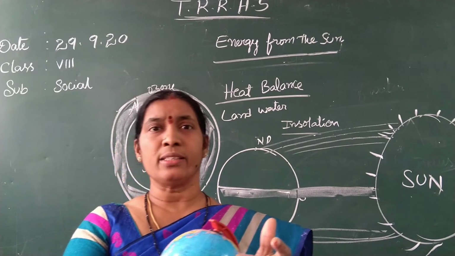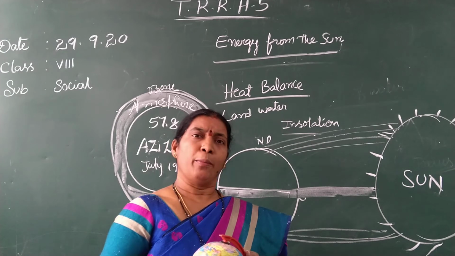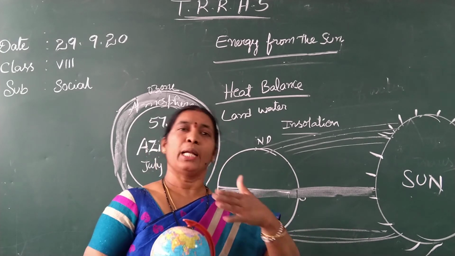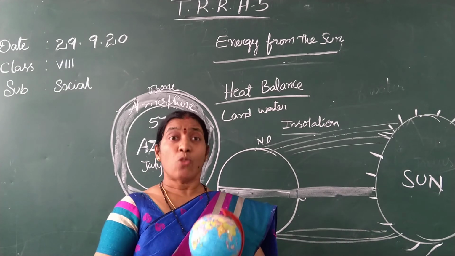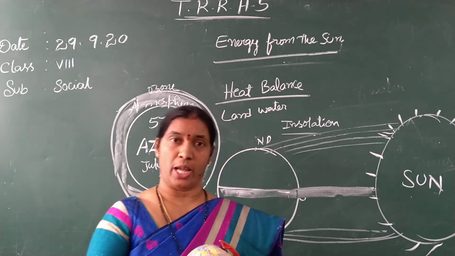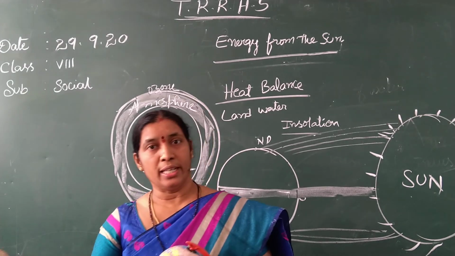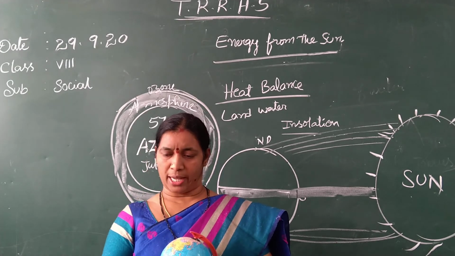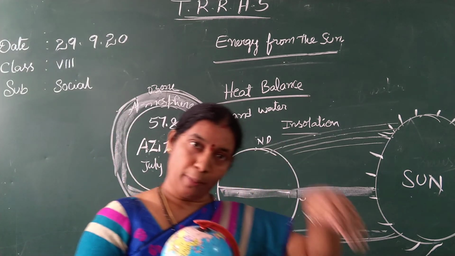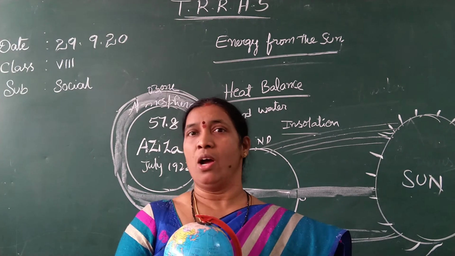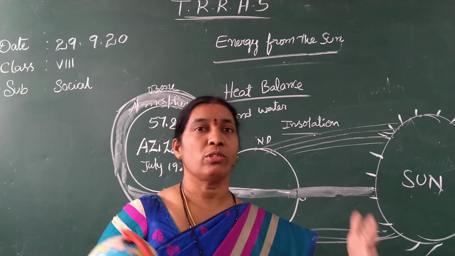When the sun's rays fall on land, the land heats fast and then cools down quickly. But water takes much time to heat and much time to release that heat. What is the reason? Water is transparent, so the sun's rays go deep into the water and it heats up slowly and cools down slowly.